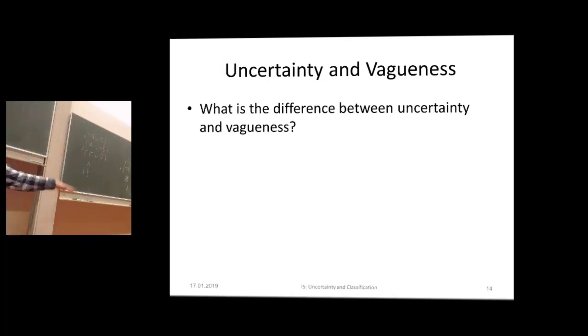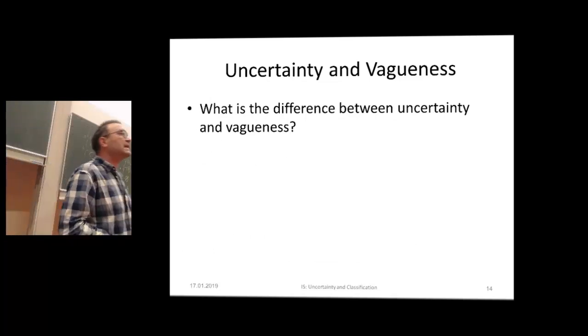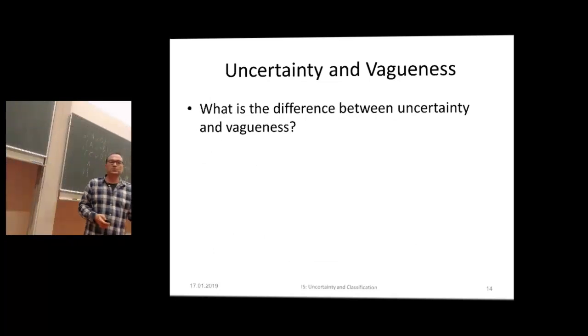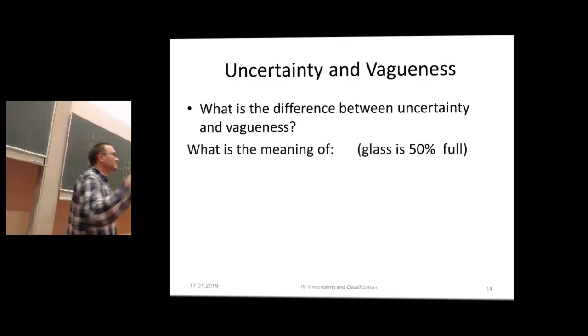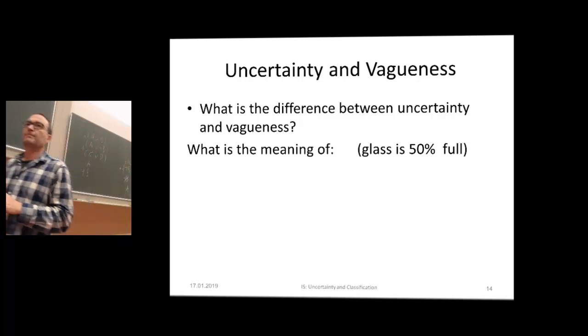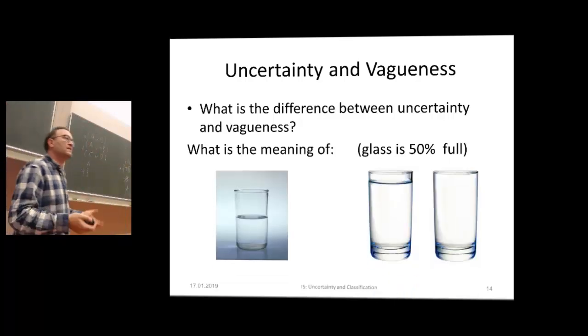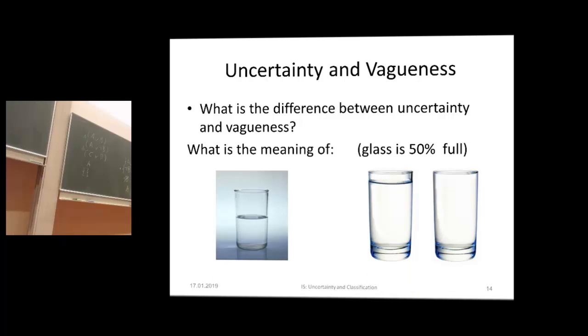Just to make sure we have our vocabulary clear: what is the difference between uncertainty and vagueness? If I say the glass is 50% full, then in principle this is relatively clearly understood as being on this side: we have a glass, and half of the glass is water.